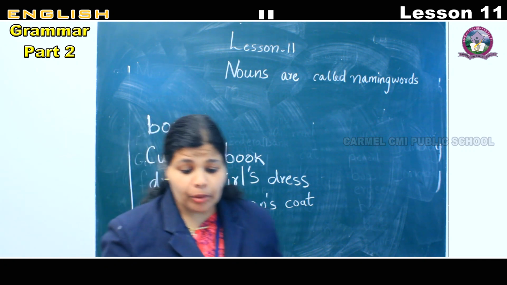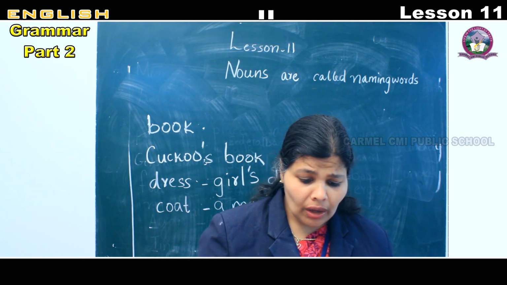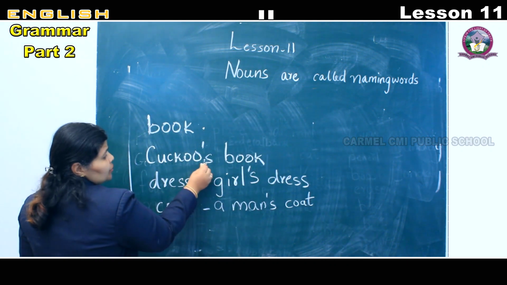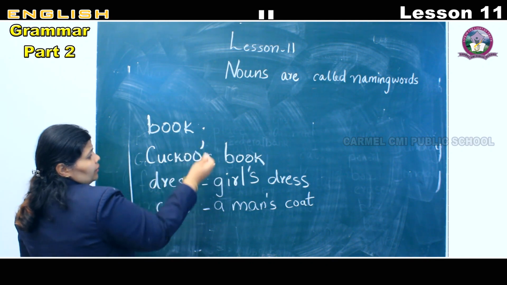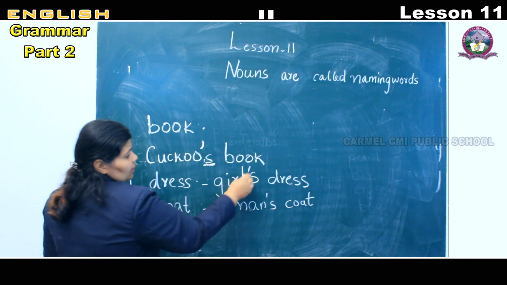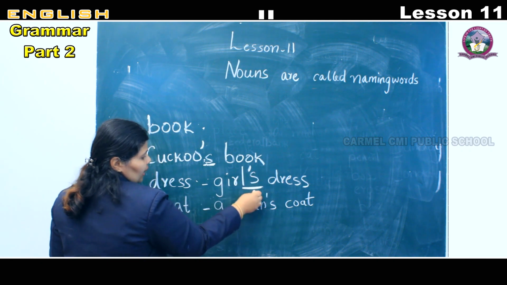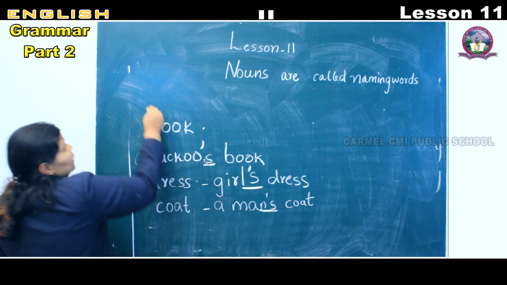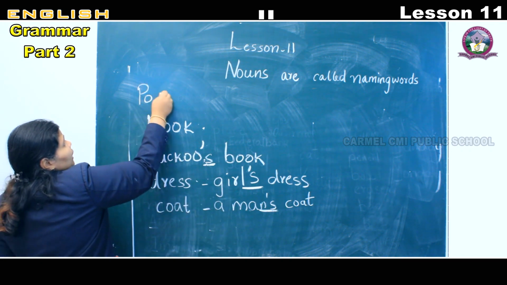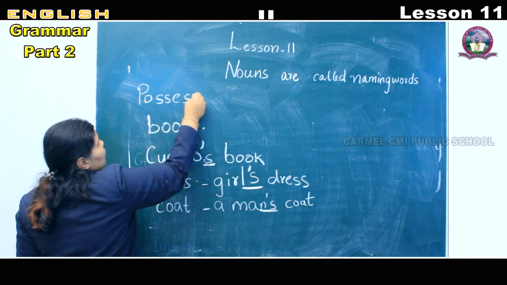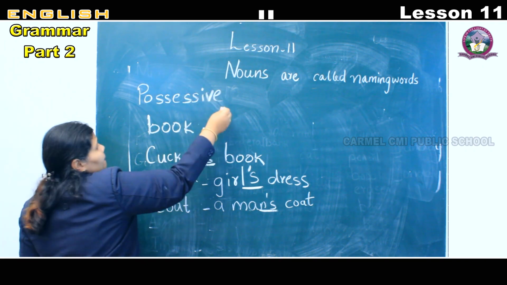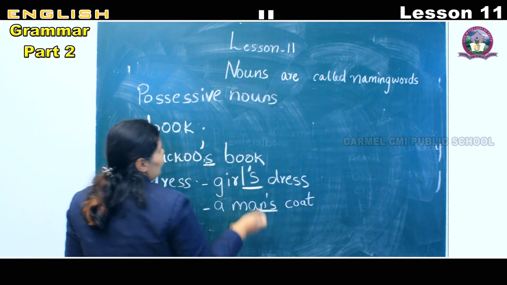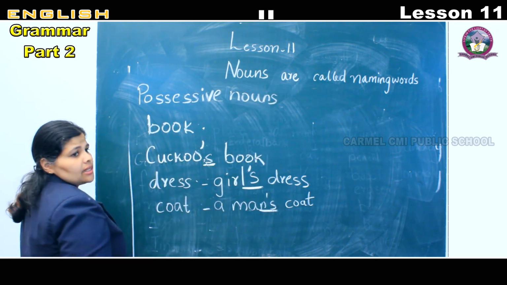So when it is a possessive noun, we put apostrophe and s. Did you see? This is called apostrophe and an s. Girl's. Did you see an apostrophe and an s? Man's, apostrophe and an s. So now we can say in possessive nouns, we add apostrophe s.